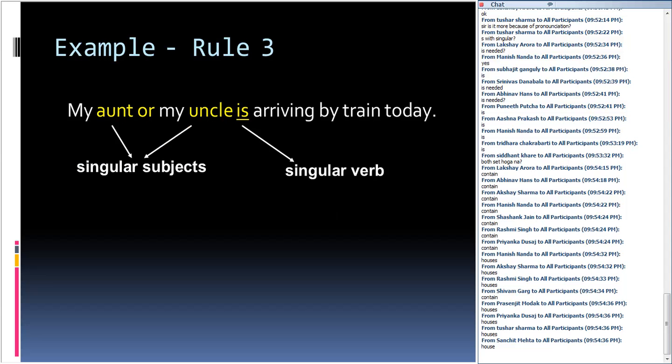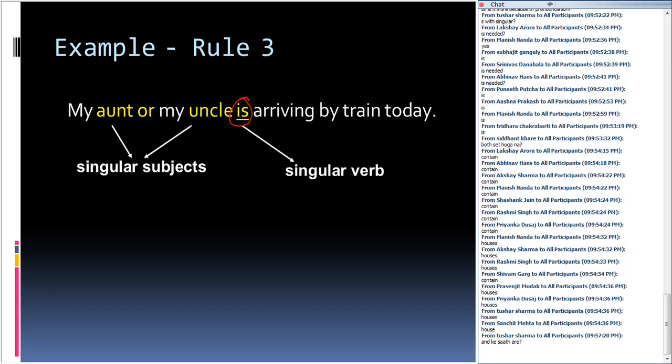Many people will say my aunt or my uncle are arriving by train today. That is wrong. So my aunt is singular, or my uncle is again singular. So you will use a singular verb. Is this clear? Rule number 3.